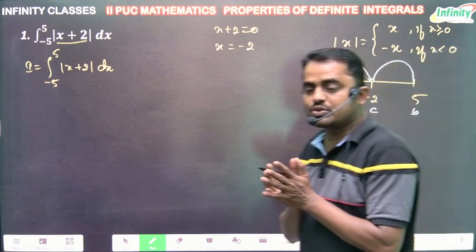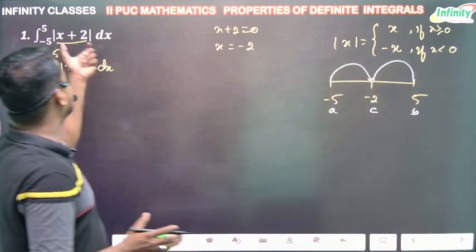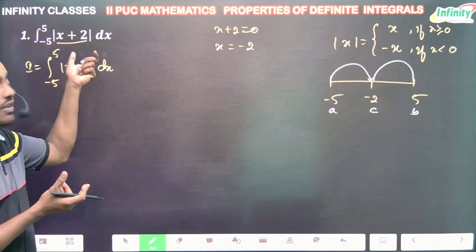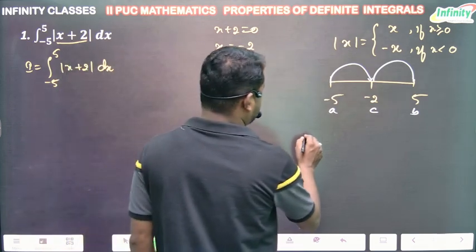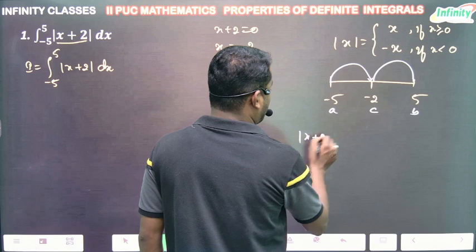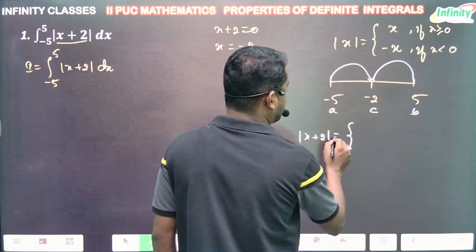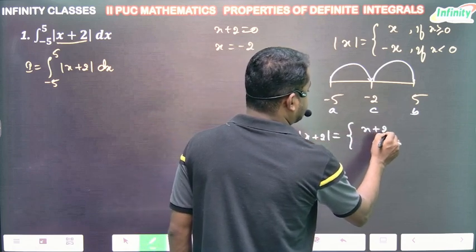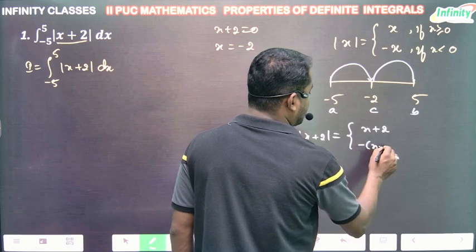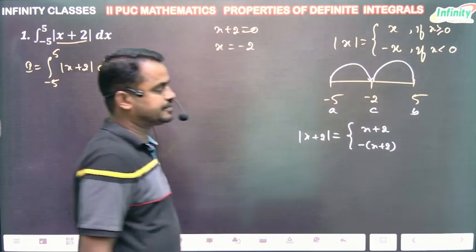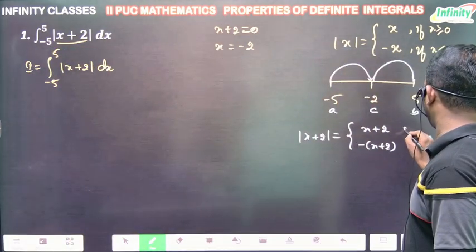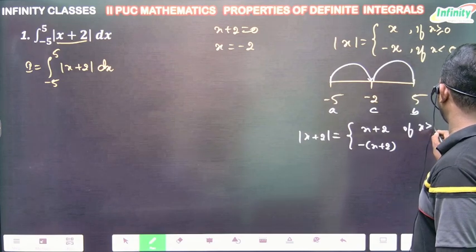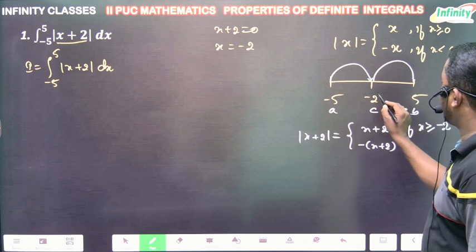Now we have to check on which interval this modulus function will be positive and when it is negative. It's very simple. Mod of x plus 2 is equal to x plus 2 and minus of x plus 2. It is positive if x is greater than or equal to minus 2 at this point.